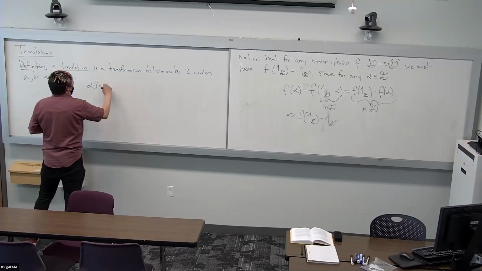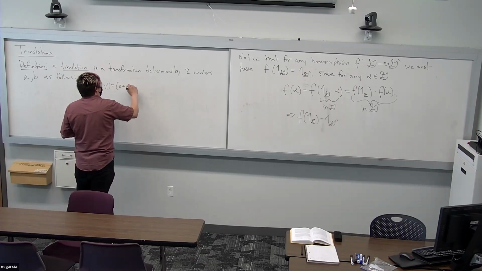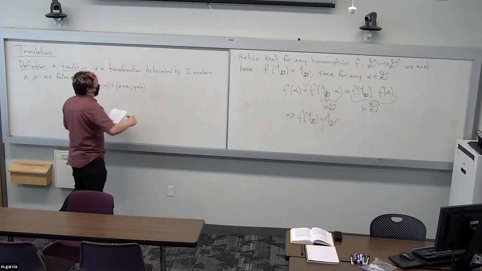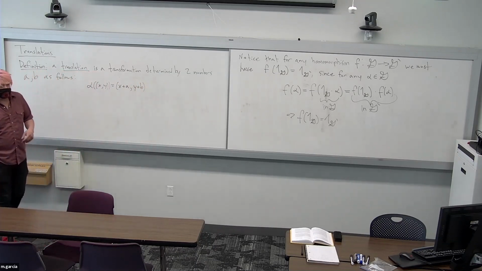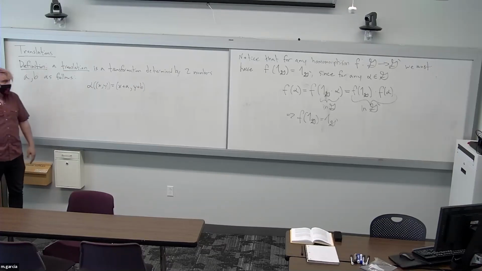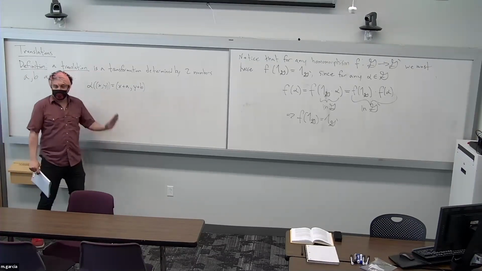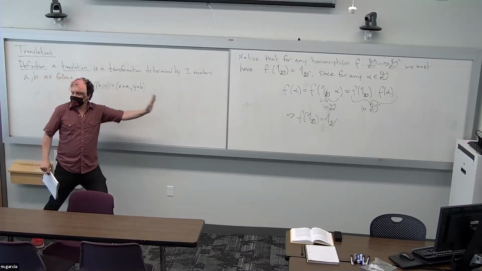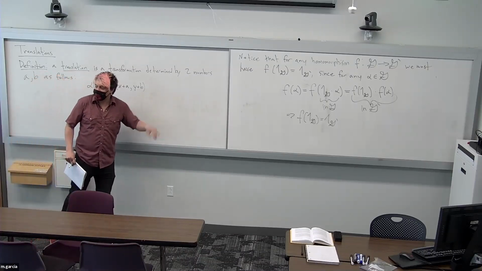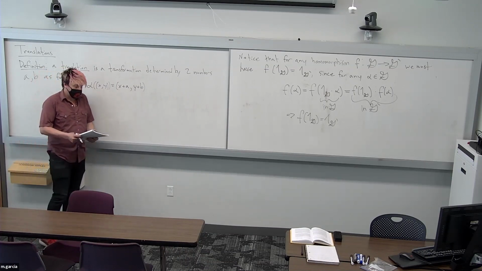Alpha of x, y is just equal to x plus a, comma, y plus b. Okay, I think when we discussed on Monday, I believe, the intuitive example, we had a equal 1 and b equal 0. And we just had the shift over 1, 1, 1, 1. So anything of this form is a translation. Okay?